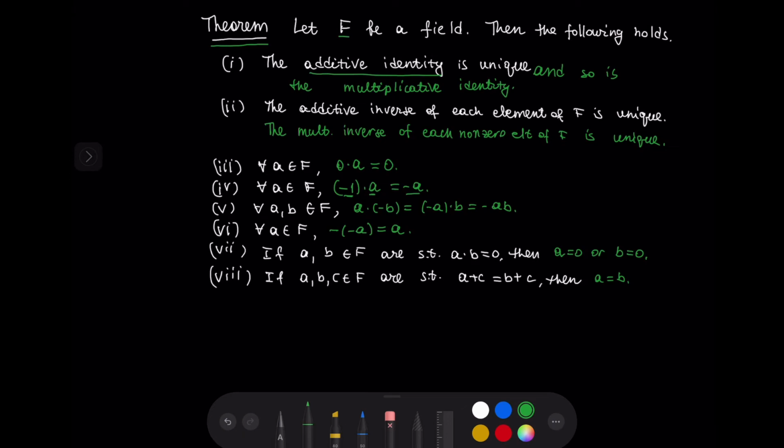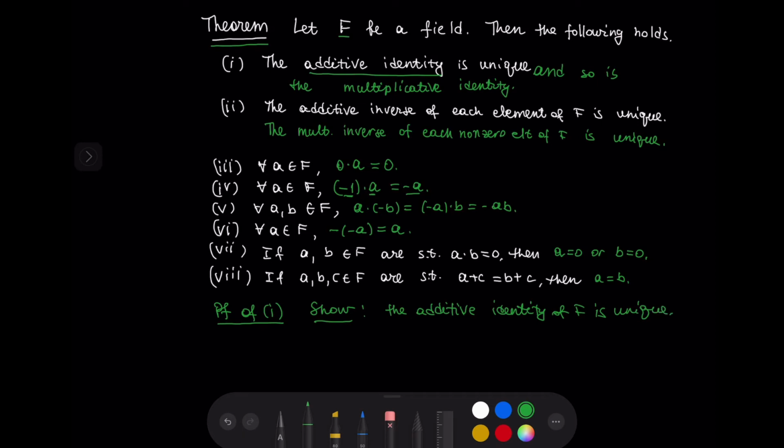Okay, so let us prove the first portion of property I. So we want to show that the additive identity of F is unique.